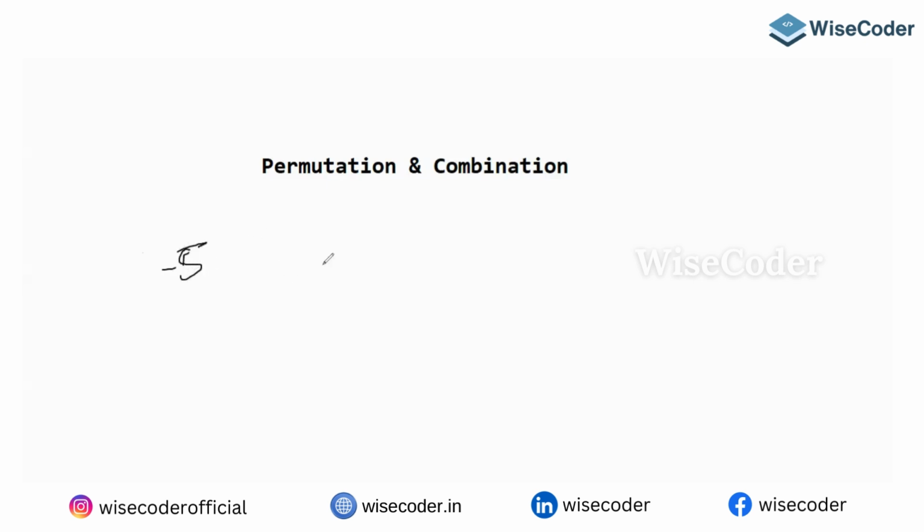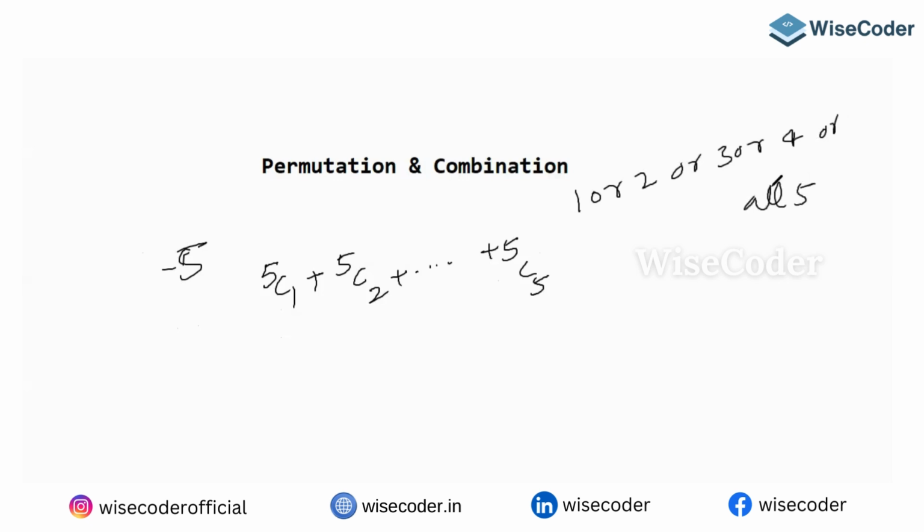So how many ways can he select? He can select 1, or he can select 2, up to 5, which means a person can select 1 or 2 or 3 or 4 or all 5.